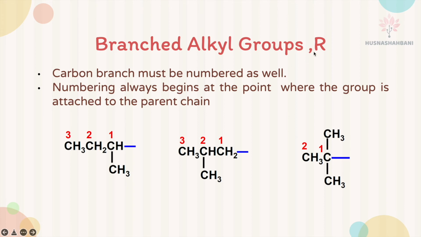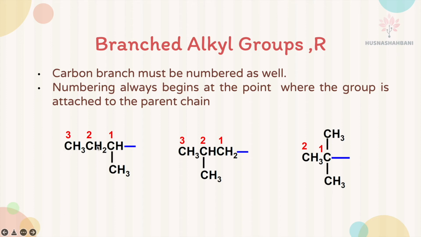Branched alkyl groups. Carbons in a branch must be numbered as well. Numbering always begins at the point where the group is attached to the parent chain. So if we look at this structure, this blue bond is the bond of the branch with the parent. There's no parent here. This structure only shows the branch. So this is the bond to the parent. Let's say you have the parent longest carbon chain here, and these 4 total carbons are the branch.